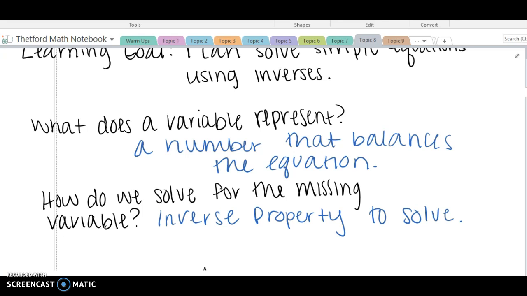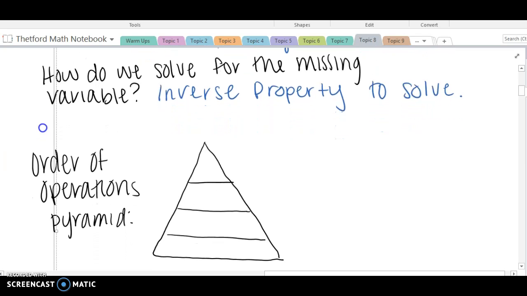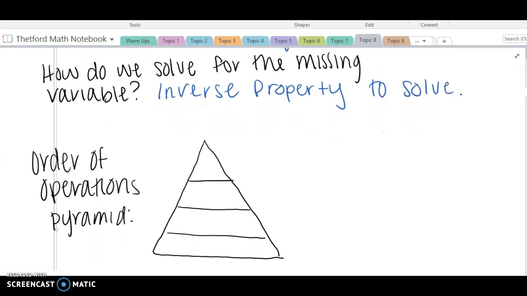The inverse property is a part of our order of operations. So our order of operations pyramid goes like this. We have addition and subtraction, and the inverse of addition is subtraction. The inverse actually just means the opposite.